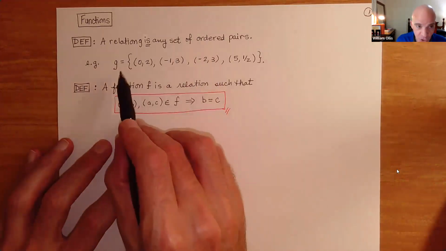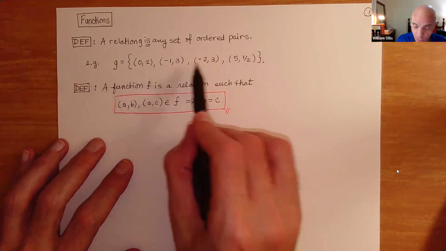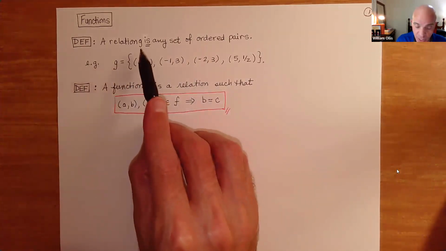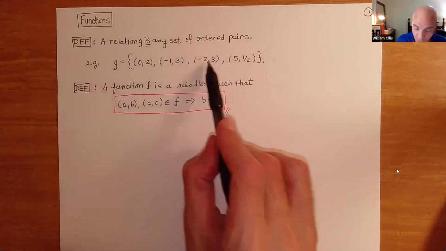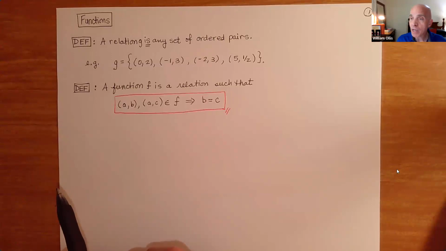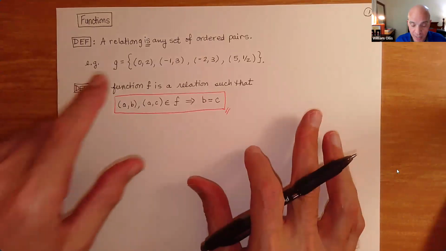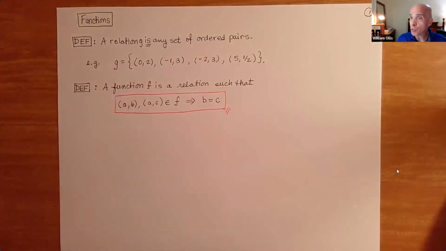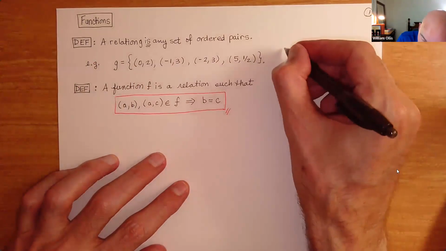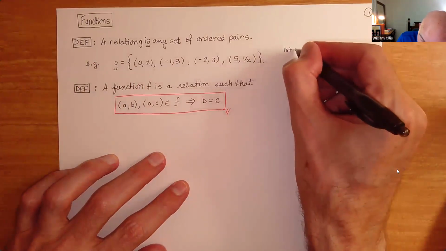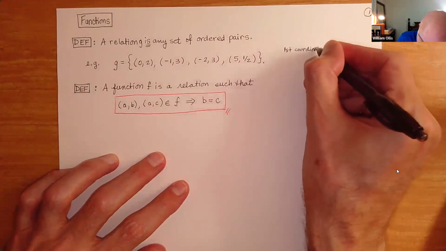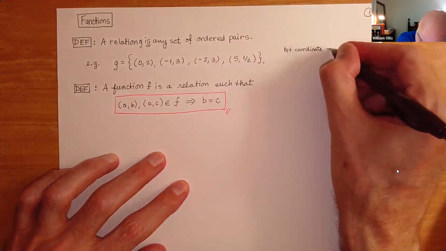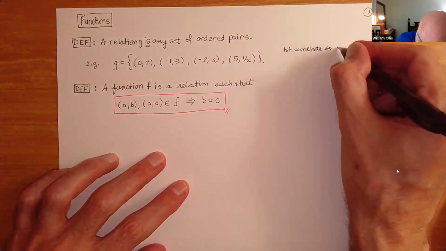But I've defined a relation here, G, and notice it has 4 elements. That is, G, the relation, is any set of ordered pairs, and we have 1, 2, 3, 4 ordered pairs. So again, a relation is any set of ordered pairs. And so now what we can think of, first coordinate, second coordinate. So first coordinate we sometimes think of as the x coordinate if we think about the Cartesian plane.